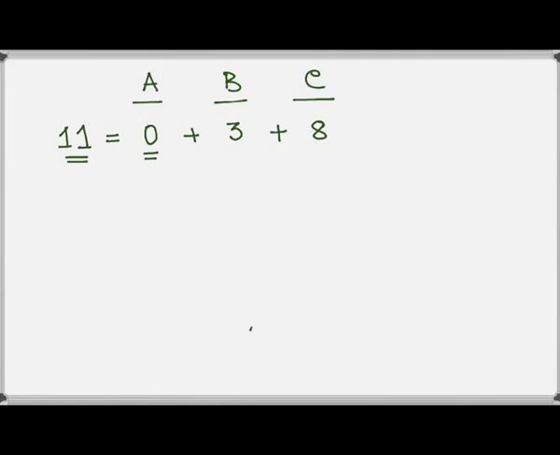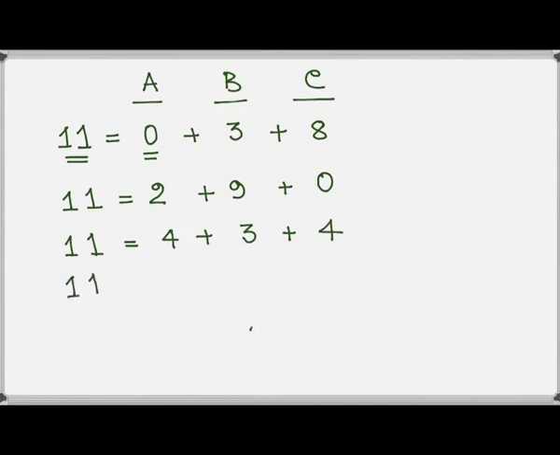Now similarly we get that 11 is equal to 2 plus 9 plus 0, and 11 is equal to 4 plus 3 plus 4, and 11 is equal to 8 plus 3 plus 0.